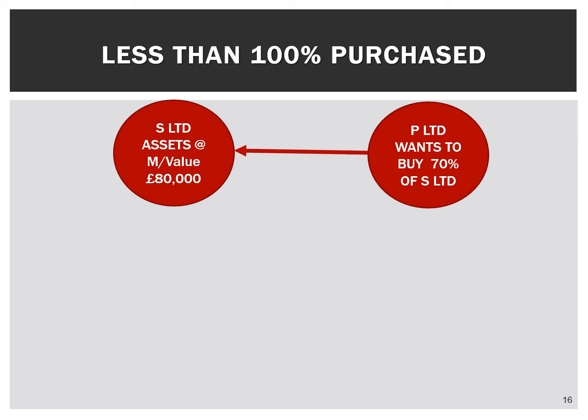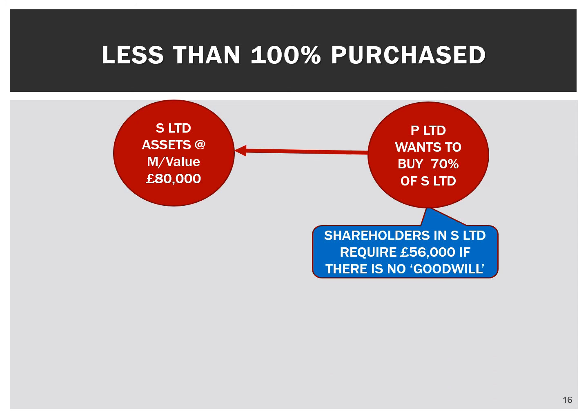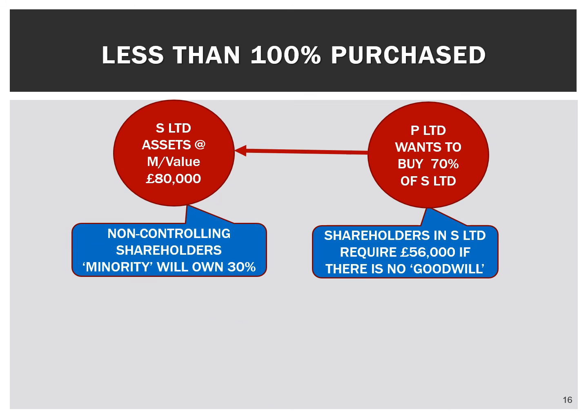Now, assuming there's no payment required for goodwill, the shareholders in S Limited would want £56,000 from P Limited for that 70%. The remaining 30% will be owned by other shareholders, the minority interest, usually referred to as non-controlling shareholders.